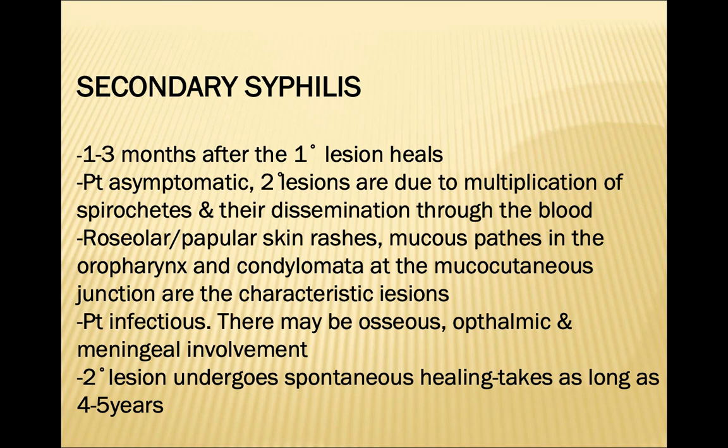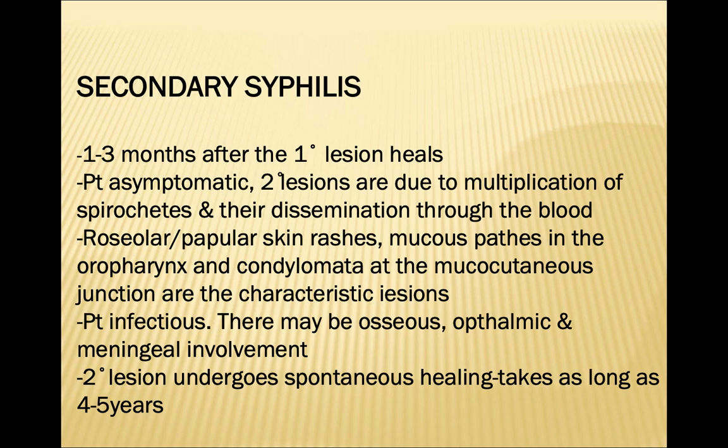So what are the lesions you can get during the secondary syphilis? You see roseolar skin rashes, which occur mostly on the palms and soles; condylomata at mucocutaneous junctions, which are mucocutaneous papules which coalesce; mucus patches in the oropharynx; ophthalmic lesions; osseous or bony lesions; and meningeal lesions.